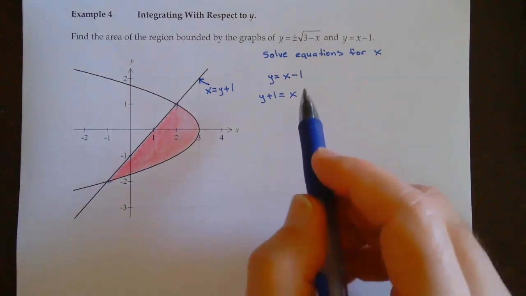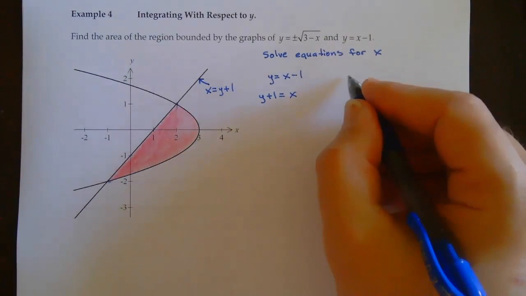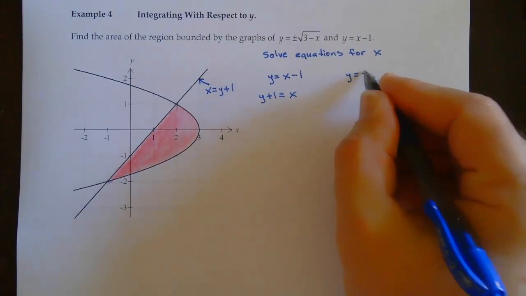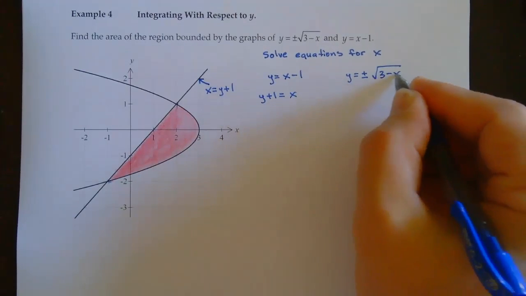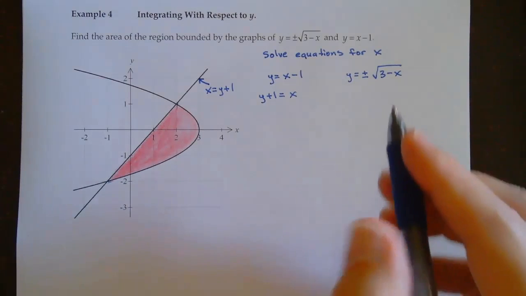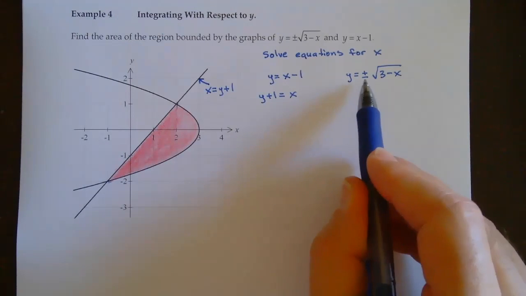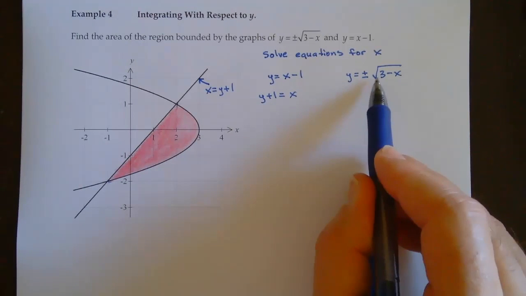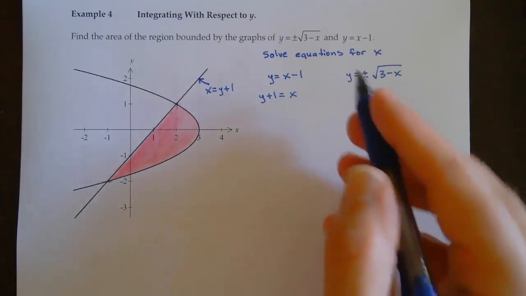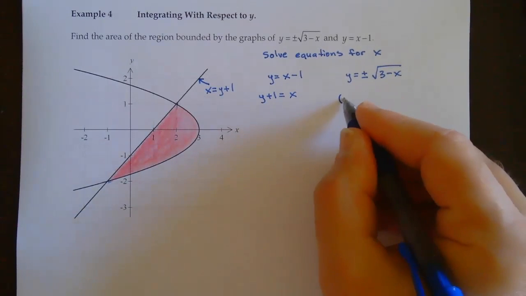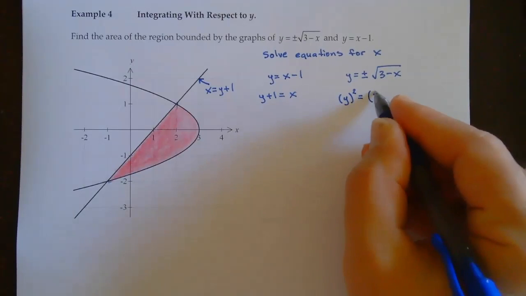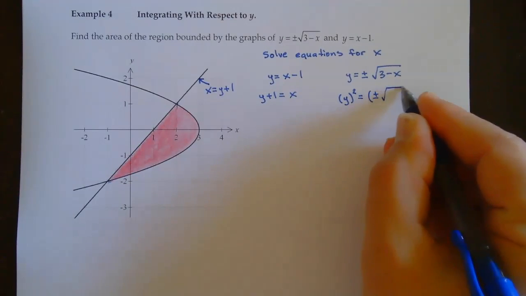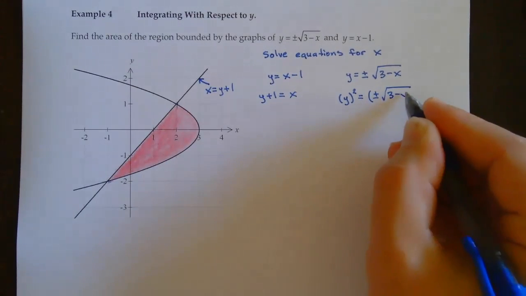Now we want to take this one, y equals plus or minus the square root of 3 minus x. I want to get rid of the square root, so I'm going to square both sides. Left side would be y squared, equals the square of plus or minus the square root of 3 minus x.